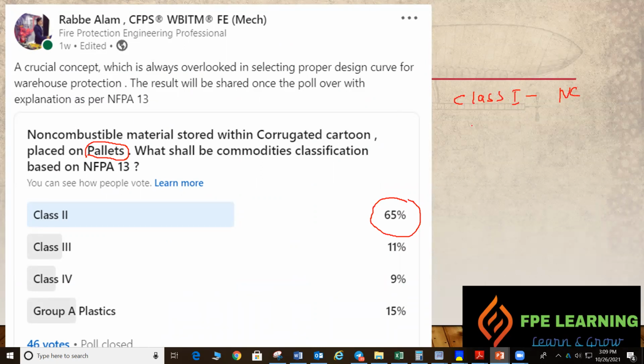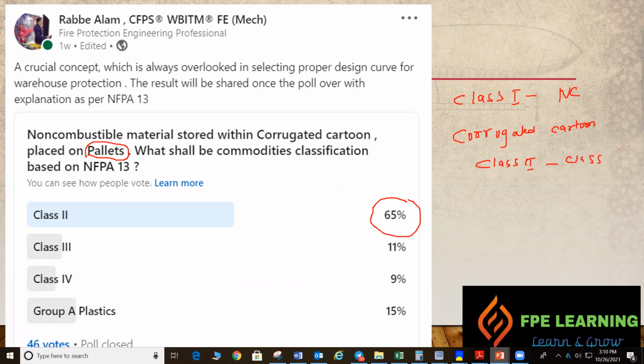Now whether it is single layer cartons or multi-layer cartons is not given in the answer, so if it is multi-layer cartons, we have to assume that. Also, class 1 is not there in the options, so our answer is class 2, up to the cartons with the non-combustible product.